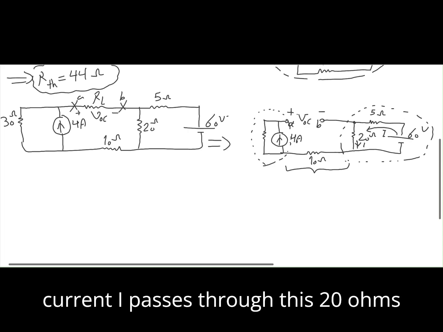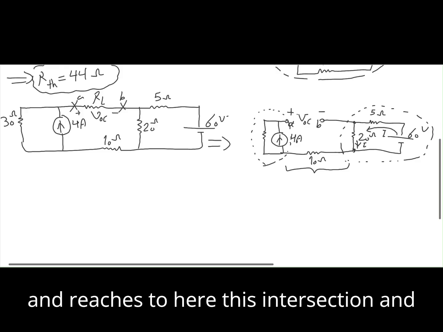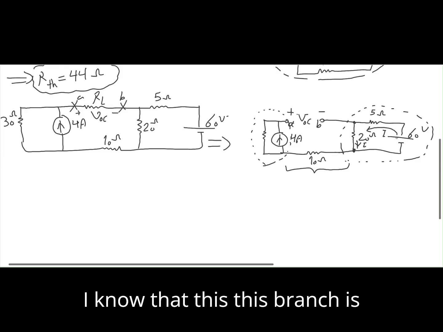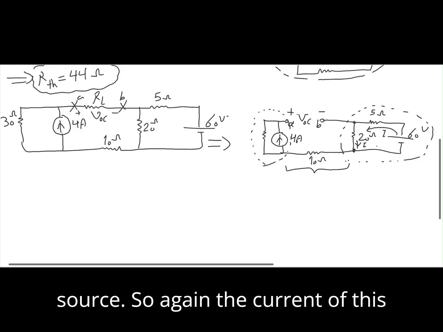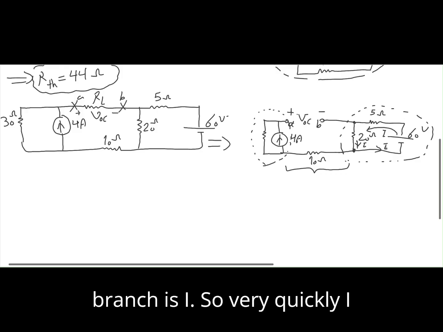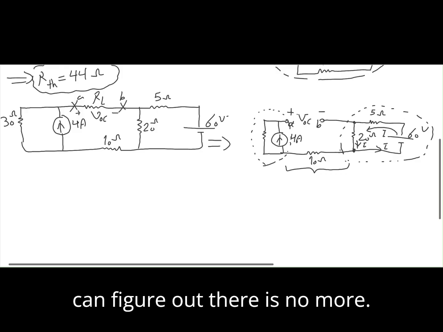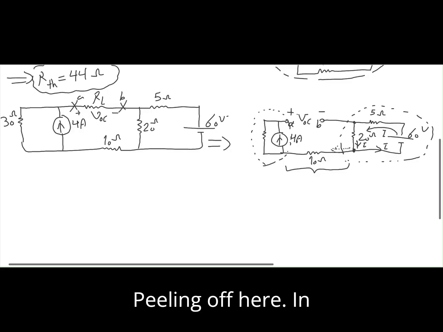So the current I passes through this 20 ohms and reaches this intersection. And I know that this branch is the same branch of my 60 volt source. So again, the current of this branch is I. So very quickly I can figure out there is no more current peeling off here. In other words, the current of the 10 ohms resistor is 0.